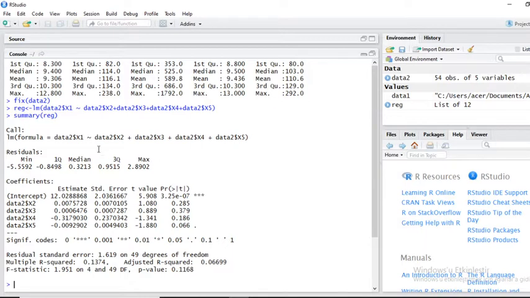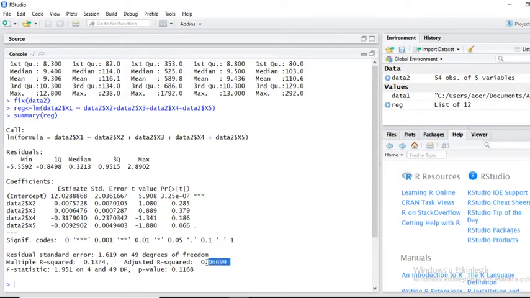Did we have good regression estimates? We look at the F statistic, it's 1.9, and for the 9 degrees of freedom, p-value is 11%, so at 10% level it is insignificant.